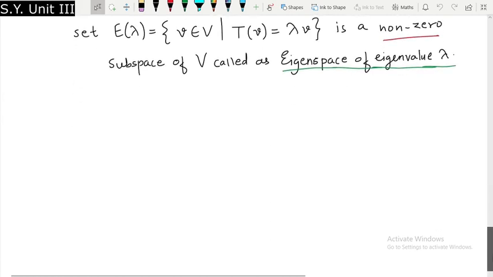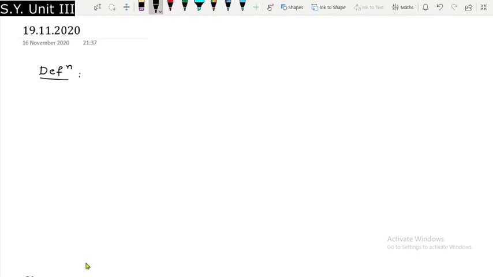And now we are going to see the definition of eigenvalue and eigenvector only, but this time around for a matrix. So I will say over here, definition: let A be a matrix of order n, meaning obviously we want a square matrix when we talk about eigenvalue and eigenvector.